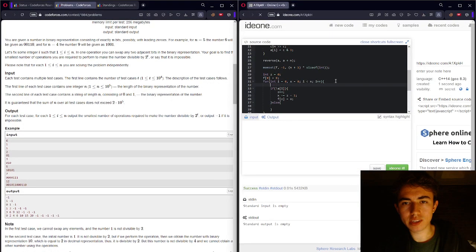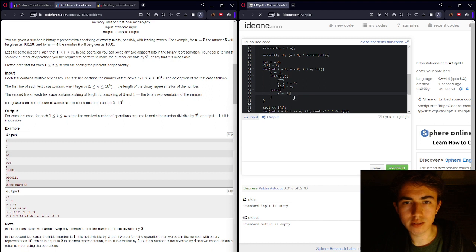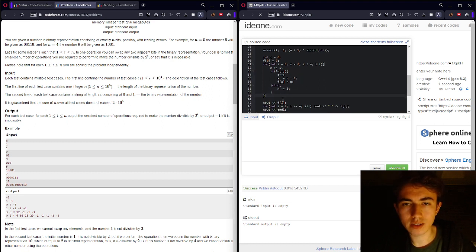So we're always going to say x plus equals i, and if it's a 0, we subtract what number 0 it is. Otherwise, we subtract its current position. Okay, and that seems good.